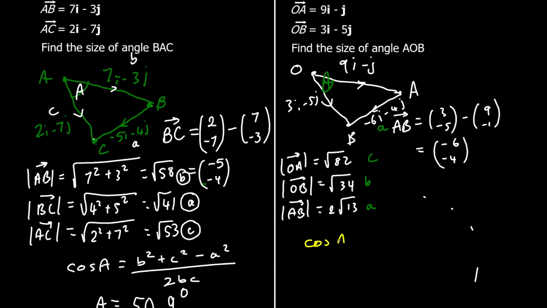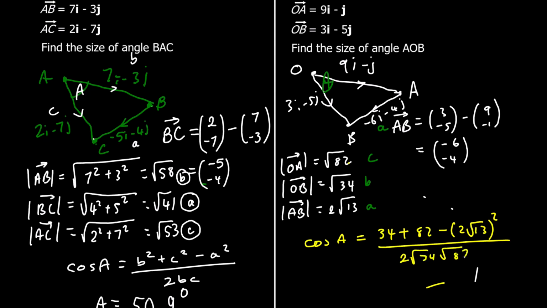So cos A is equal to b squared, so root 34 squared, plus c squared, root 82 squared, minus a squared, I'll write 2 root 13 squared, all over 2bc, so 2 times root 34 times root 82.